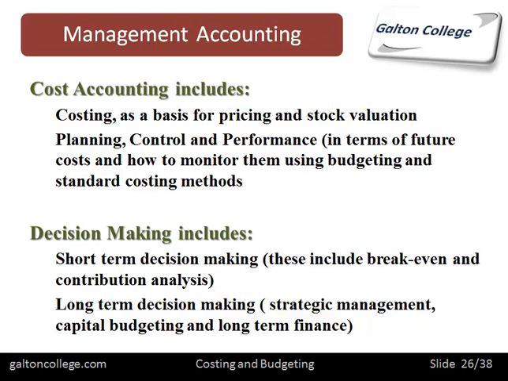Now, decision making includes short-term decision making. These include break-even and contribution analysis, and long-term decision making, which is related to strategic management, capital budgeting, and long-term finance. So we have two time periods, short-term and long-term, and decision making occurs in both of these.